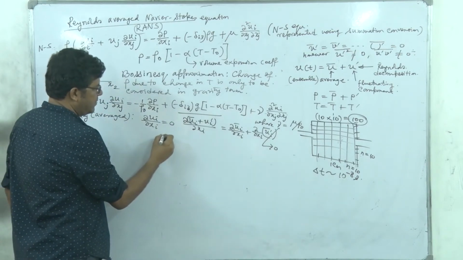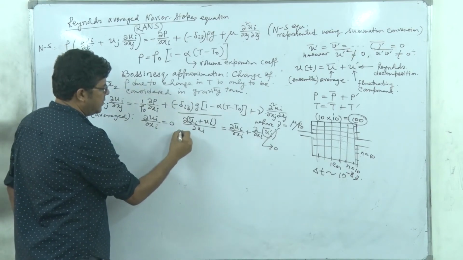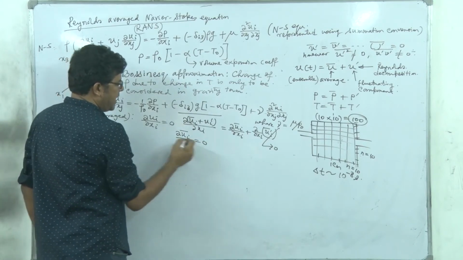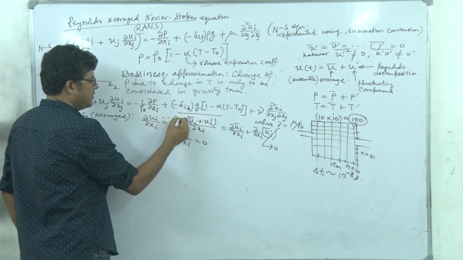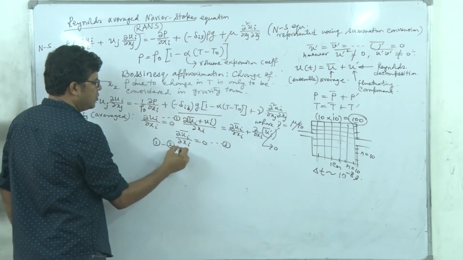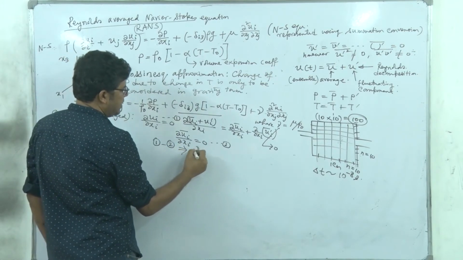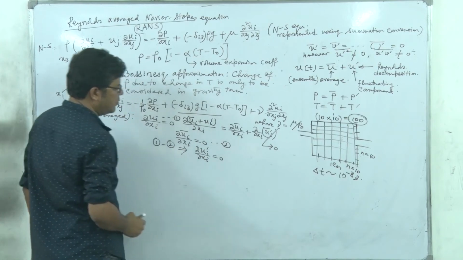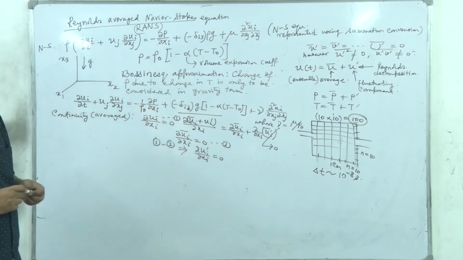So the averaged continuity has the same form, and if I subtract, this is equation 1, this is equation 2, subtracting 1 and 2 we get that del ui prime del xi is also equal to 0. Okay?